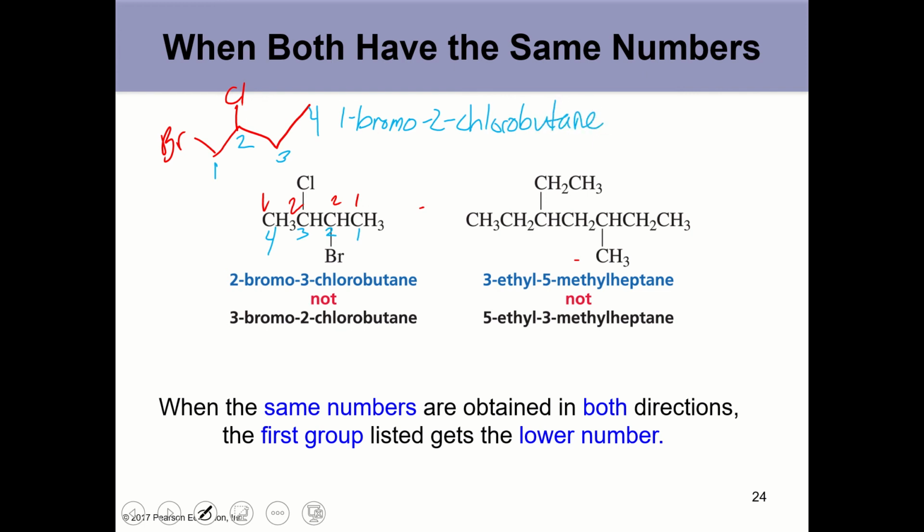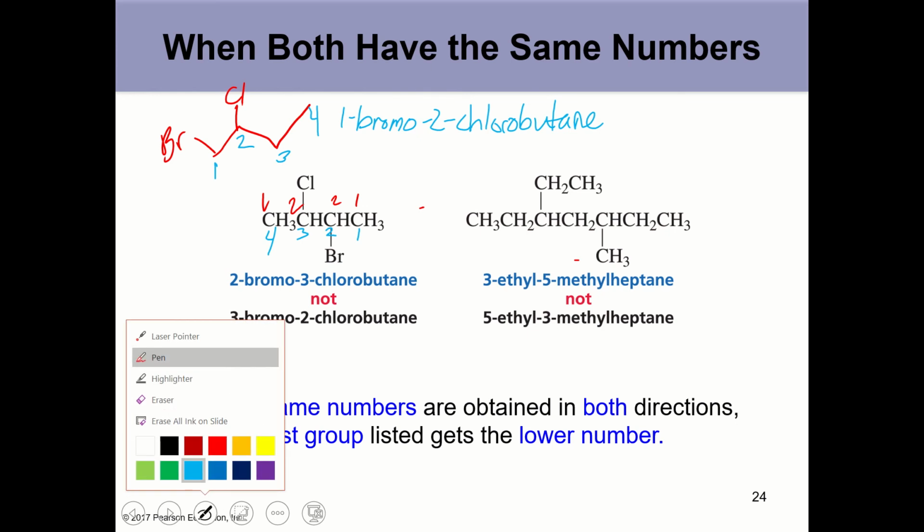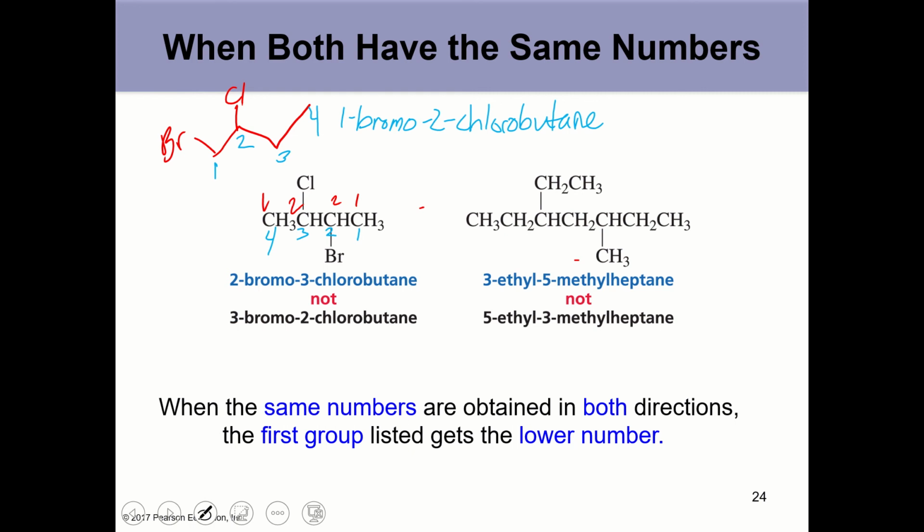Then looking at another example, whether we start from the left or the right, we have a branch point at carbon 3. And so we have to look at what those branches are. They are ethyl, 2 carbons, and methyl, 1 carbon.